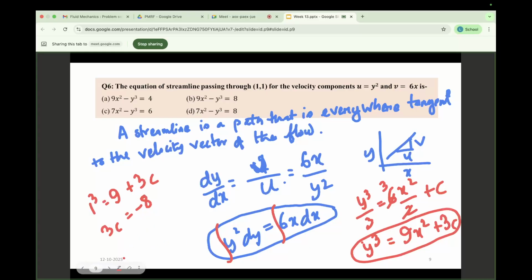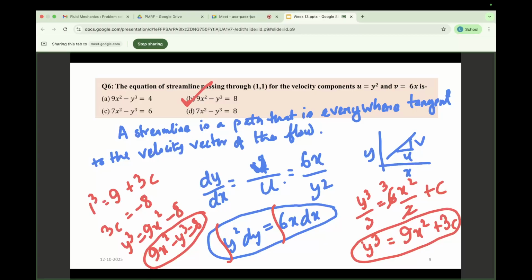So y cube is 9x square minus 8. So the correct answer is option B. Yes, you are correct, Shreyash.